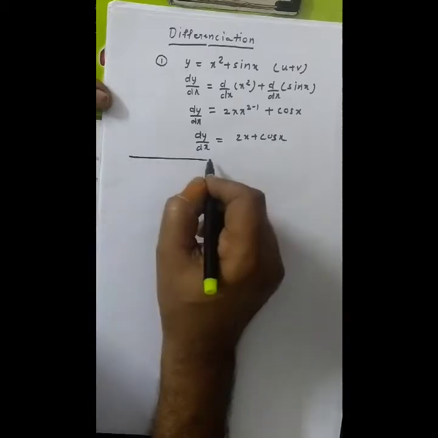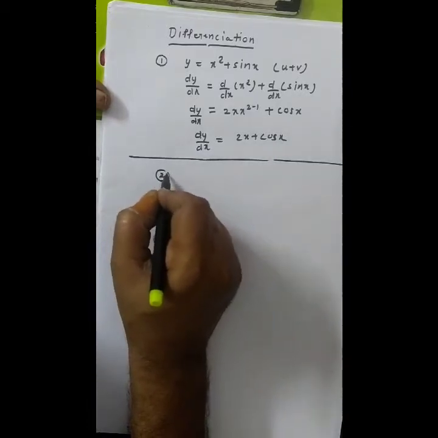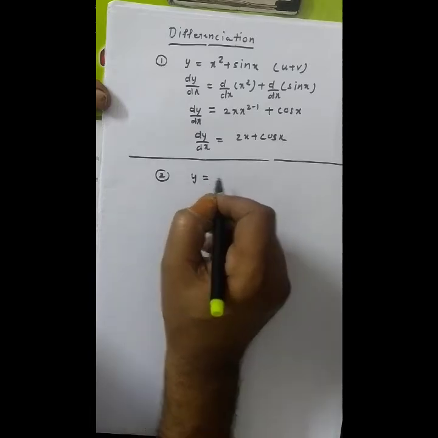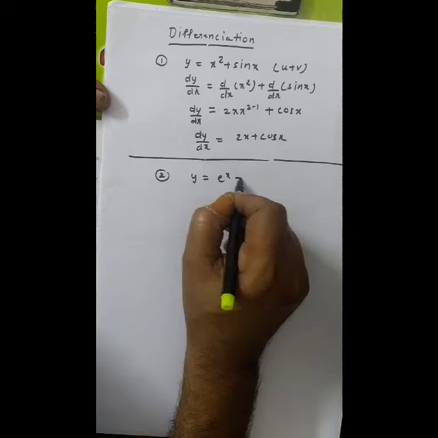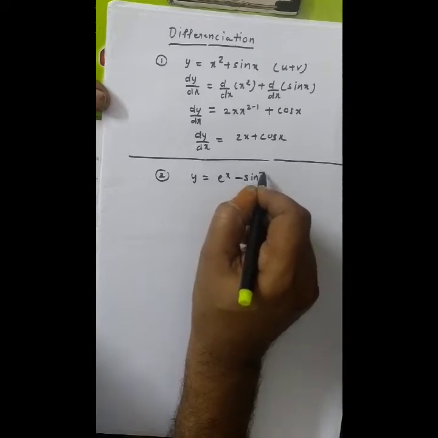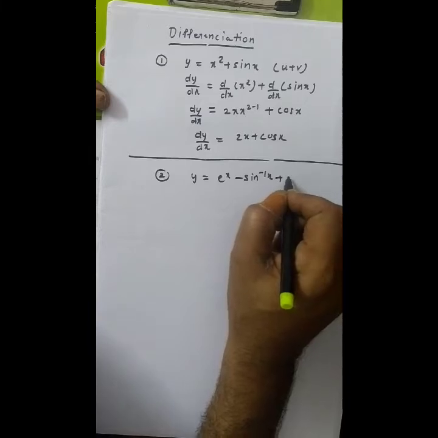Next we'll go for y is equal to e raised to x minus sin inverse of x plus x cube.